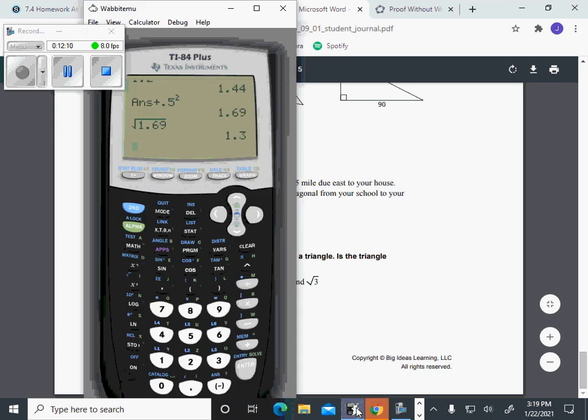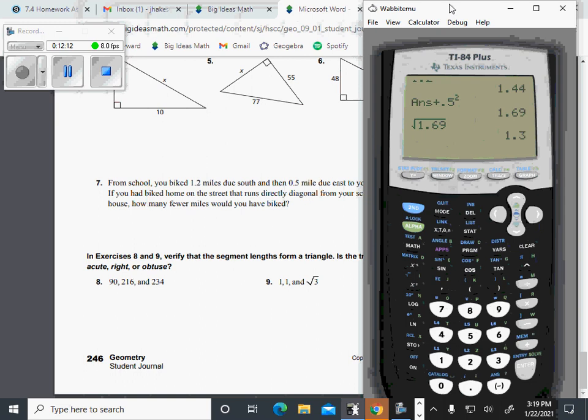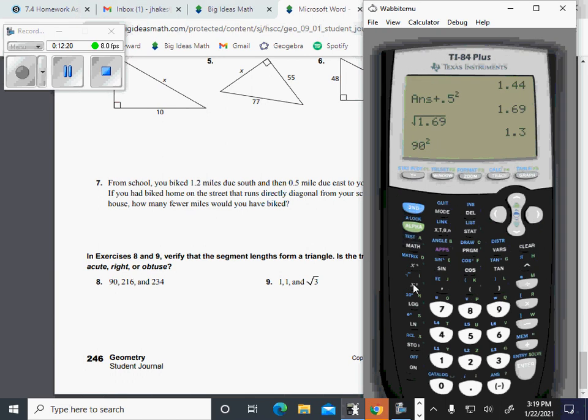But to tell whether it's acute, obtuse, or right, we're going to plug it into our formula. We should say that 90 squared plus 216 squared, okay, that's 54,756.